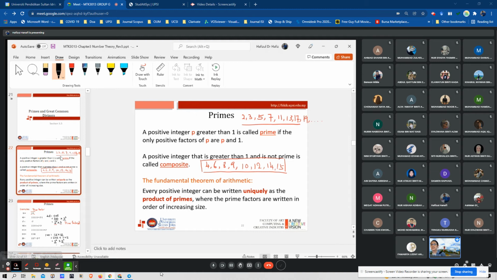Fundamental theorem of arithmetic: every positive integer greater than 1 can be written uniquely as a product of primes. Or sometimes we call it a natural number greater than one that is not a product of two smaller natural numbers.